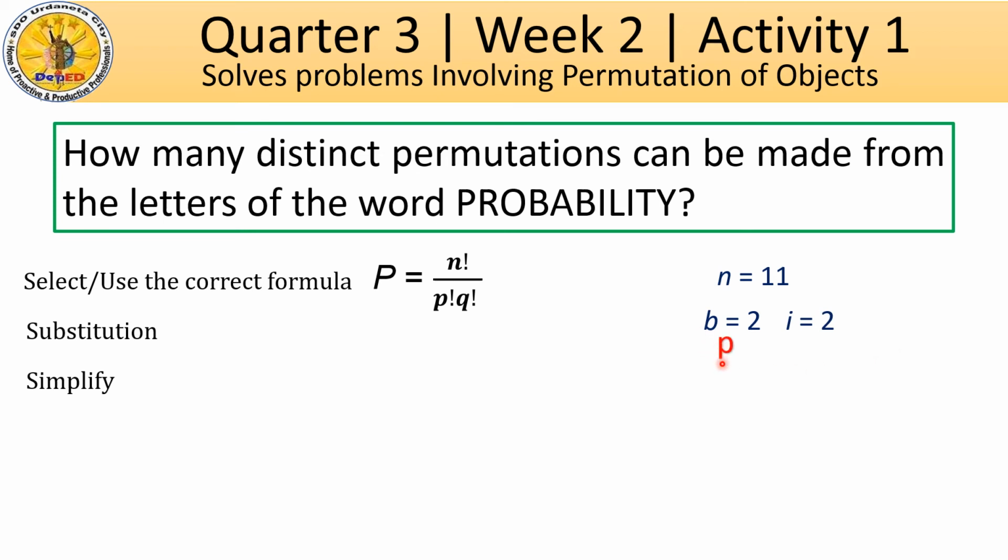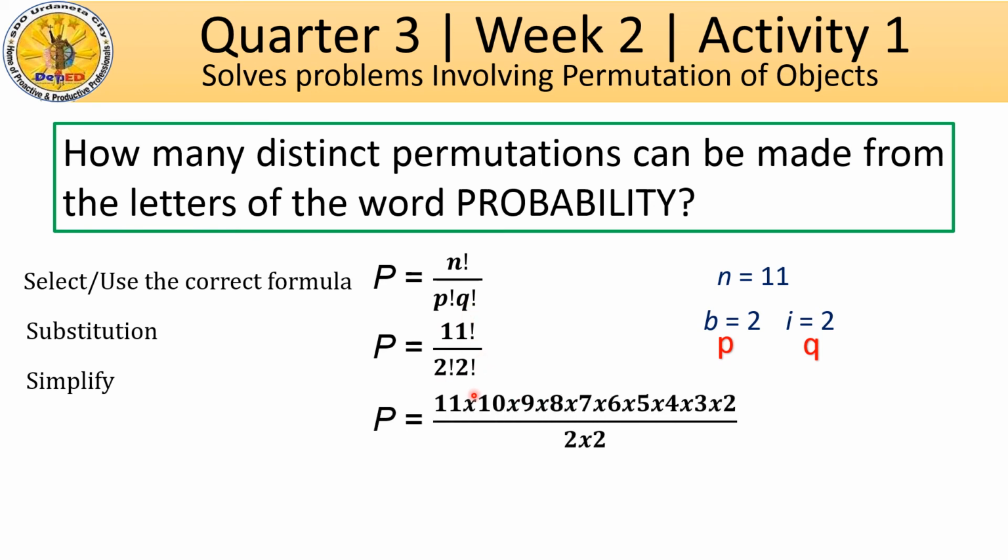B will represent p, and I will represent q. So do the substitution. Replace n by 11, p by 2, and q by 2. Simplify.